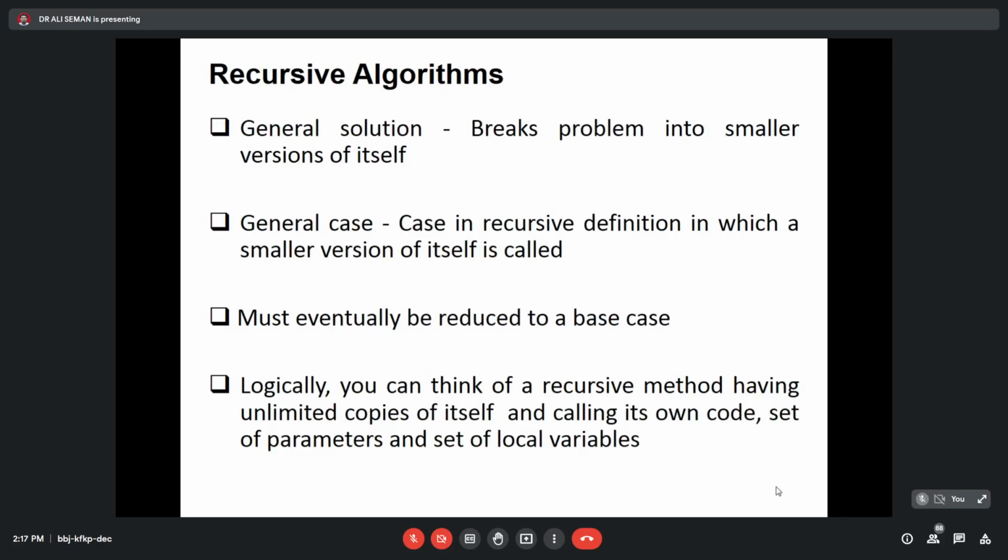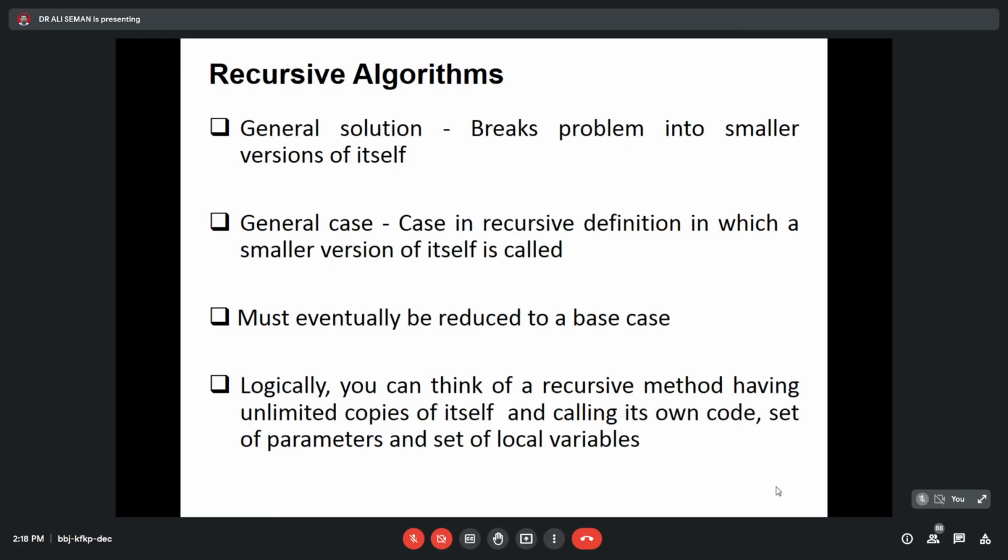So it must eventually be reduced to a base case. That's why we have the base case. The base case is the stopping criteria. We stop at the base case, because the base case is basically a simple problem that we can solve directly. So with n equal to 1, for example, if we reach that, then we will solve it.